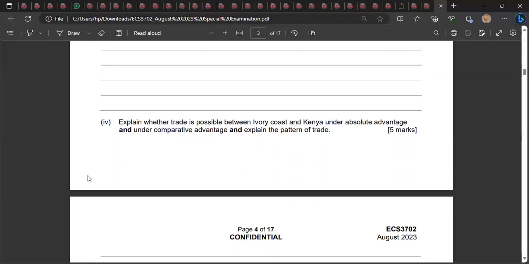All right. Then explain whether trade is possible. So now 5 marks are up for grabs on this one. Explain whether trade is possible between Ivory Coast and Kenya under absolute advantage and under comparative advantage, and explain the pattern of trade. So there are 2 issues now. We go back to our diagram.